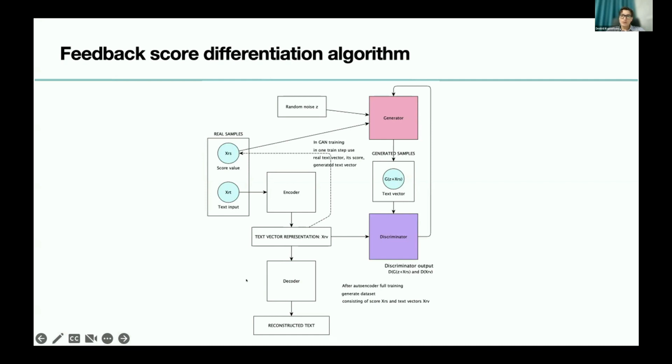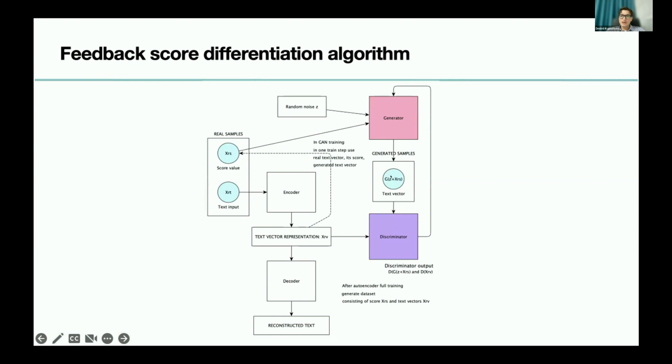After our autoencoder model completes its training, we move to the GAN training, the adversarial training. In adversarial training, we already use two inputs: our score value and our text vector representation. First of all, we pass the score value and also random noise to the generator. After this, the generator will produce some samples.